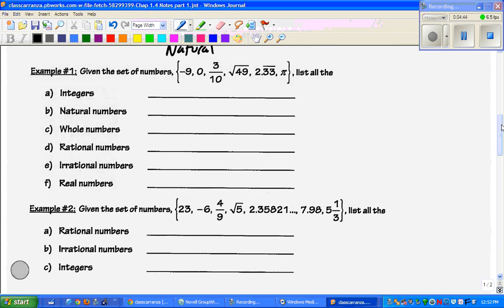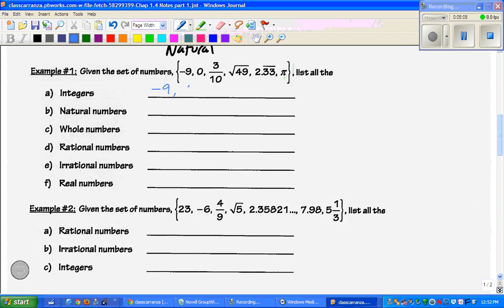Now, example number 1 says, given the set of numbers, all in here, list all of the integers, natural numbers, whole numbers, rational numbers, irrational numbers, and real numbers. So let's go through and take a look at some of these. Now, the integers in this group, okay?